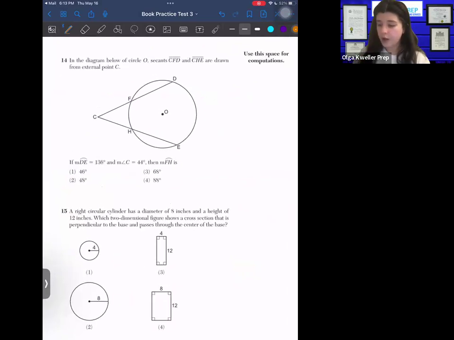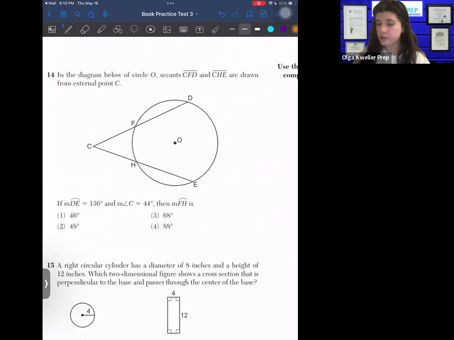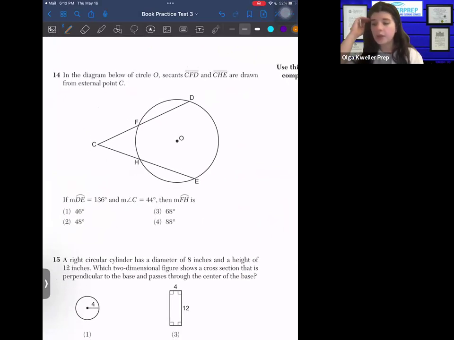Okay, we've got some circle questions. So we haven't done a circle question yet. So we have circle O. We've got these secants. A secant is, by definition, a line that is crossing into the circle, right? So this is what we call a secant. In this case, CFD and CHE.